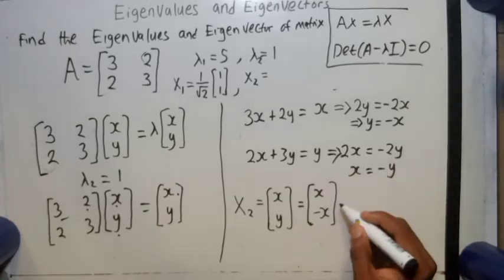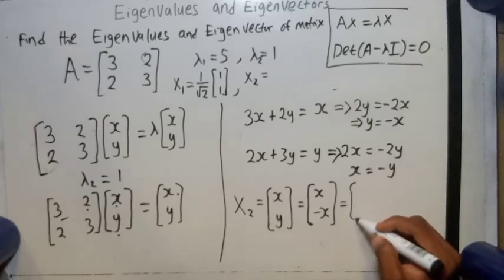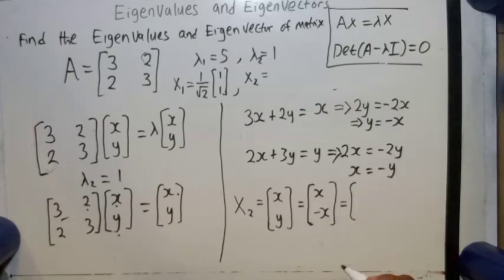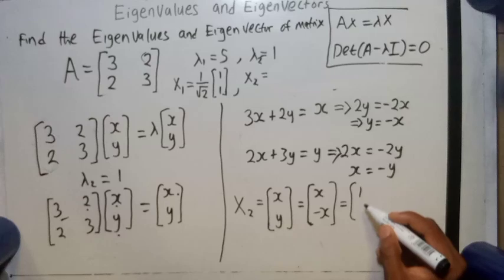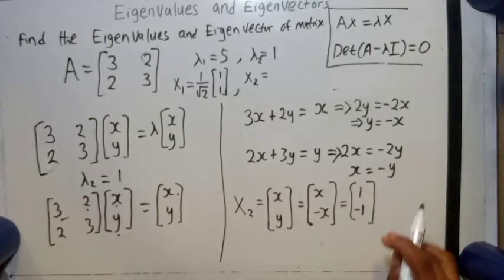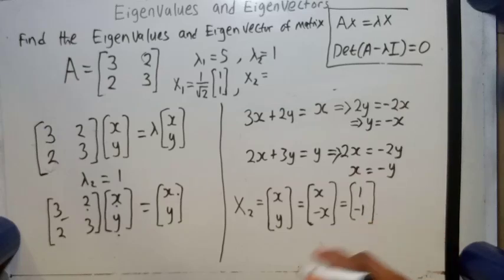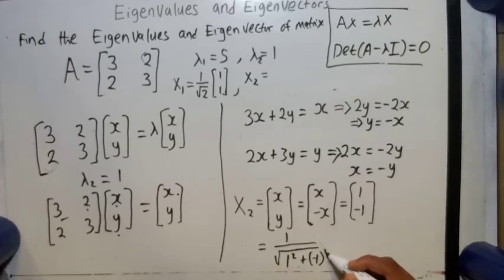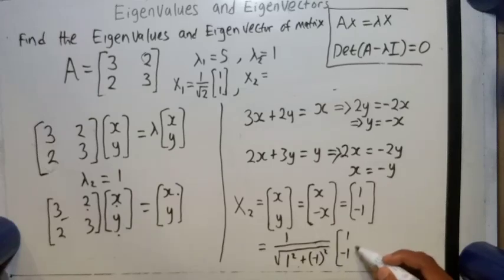So when we multiply it by our 1, we have 1 and minus 1. Now we also need to normalize it. When we do that, we have 1 over root of 1 square plus minus 1 square, all multiplied by your (1, minus 1).